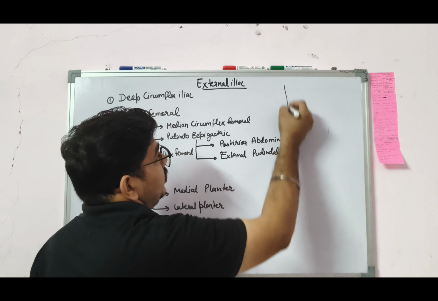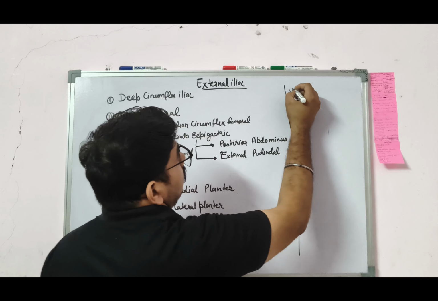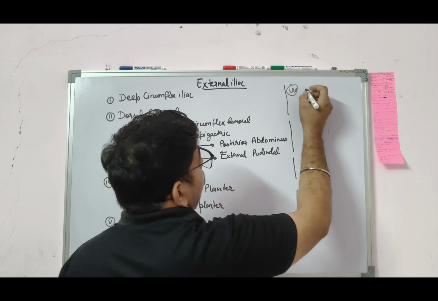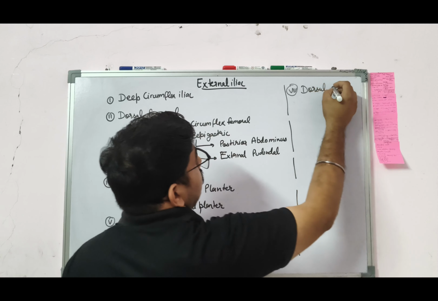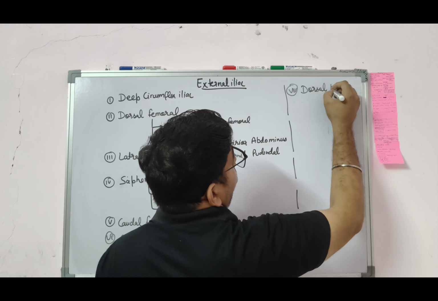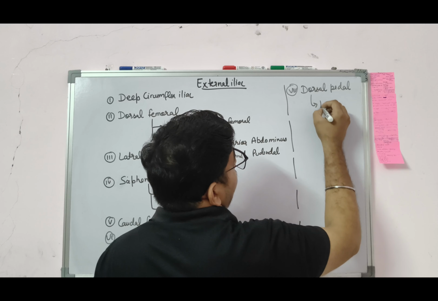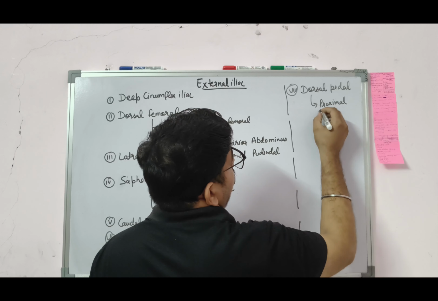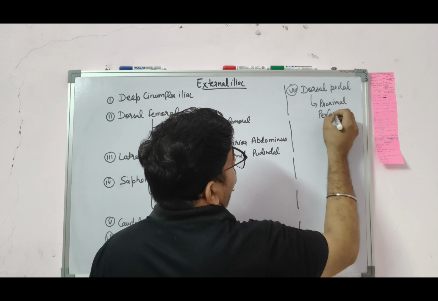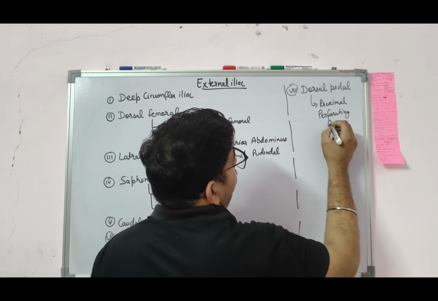The eighth branch is dorsal pedal, which gives a branch known as the proximal perforating branch or artery.